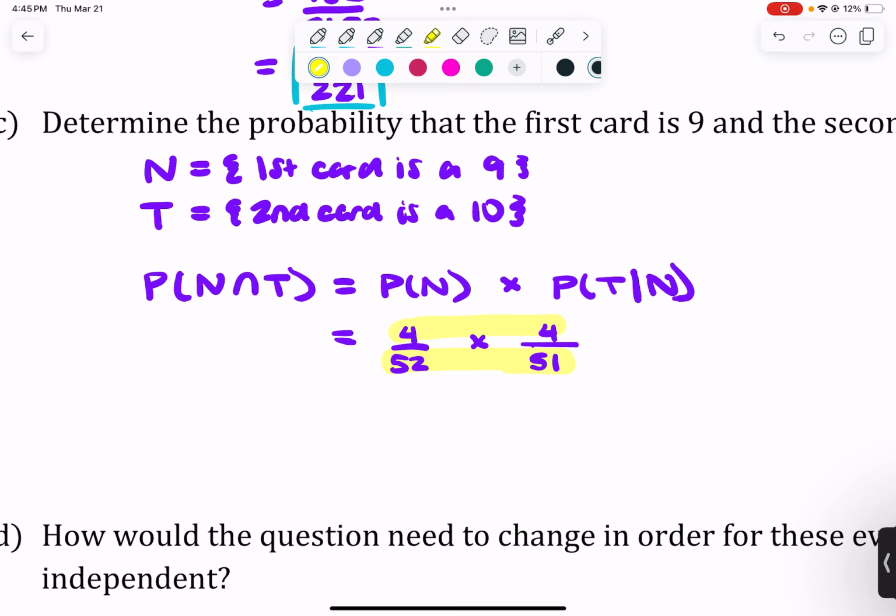That's separate piles to pull from or separate values to consider. But my denominator decreases because my total has now differed. When I multiply, I get 16 over 2652, which reduces to 4 over 663.